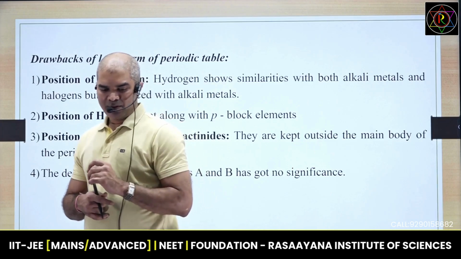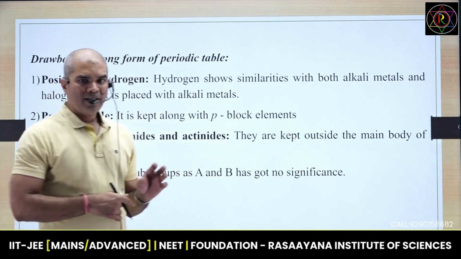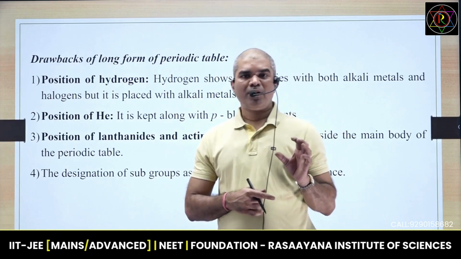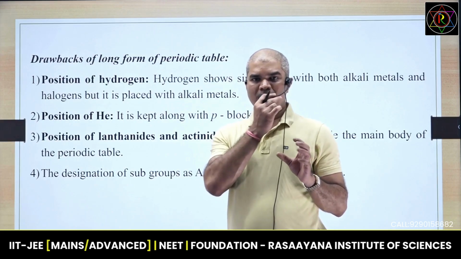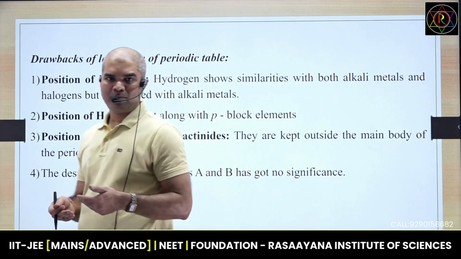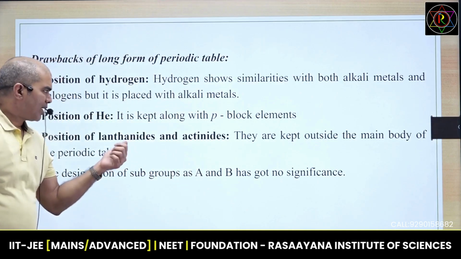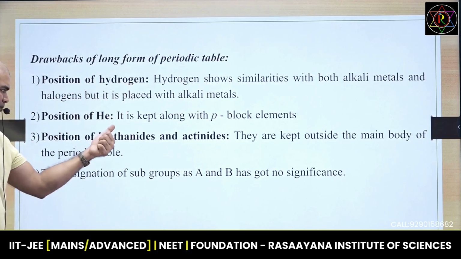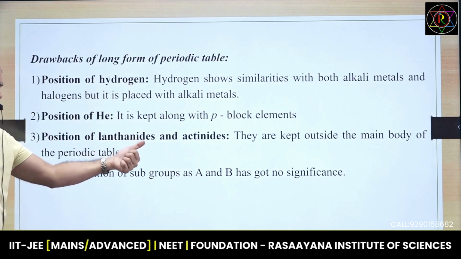Third drawback, we have lanthanides and actinides. But these lanthanides and actinides are not given a proper position. They are placed at the end of the periodic table, at the bottom portion. So that becomes another drawback. Position of hydrogen, position of helium, position of lanthanides and actinides.